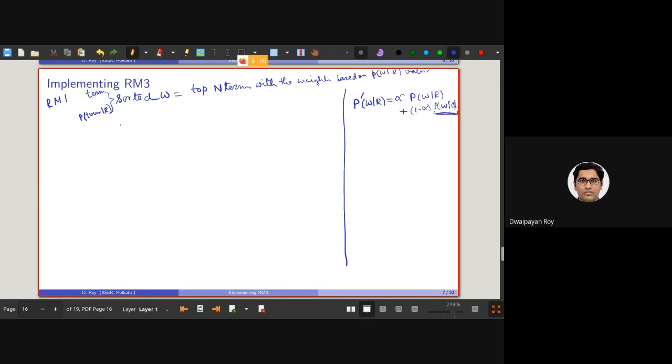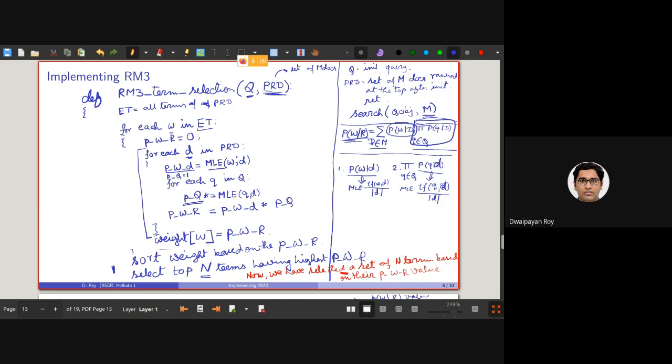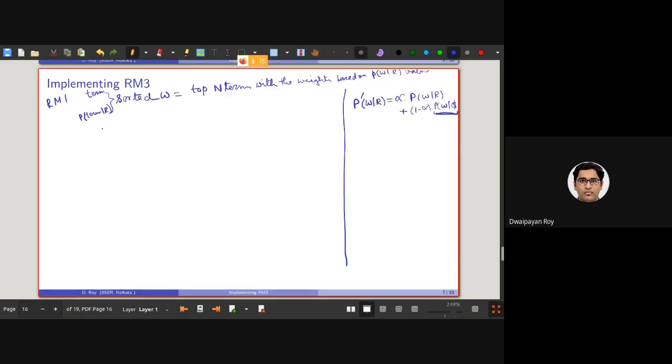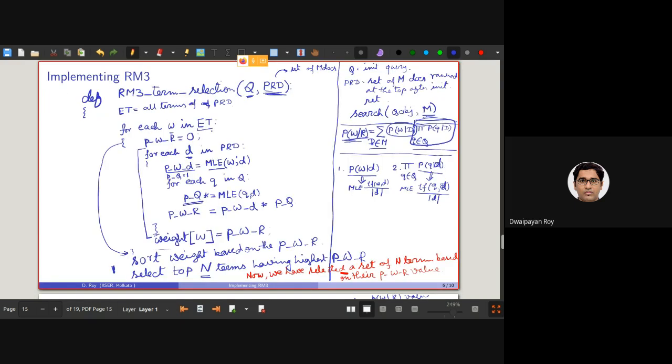So again, as you can see, this is closed here. Now, for each W in, note that earlier it was in ET, say 2000 terms.